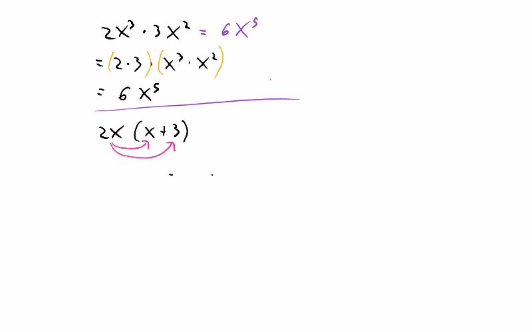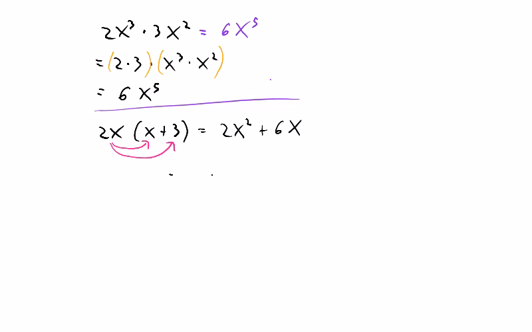So if we do that procedure, 2x times x would be 2 times x, or 2x squared. And 2x times 3 would be the same as 2 times 3 times x, which would be 6x.